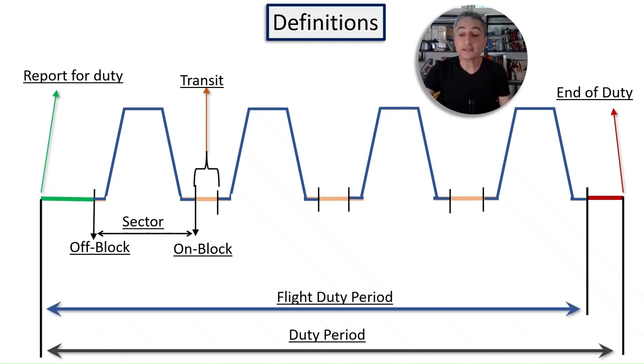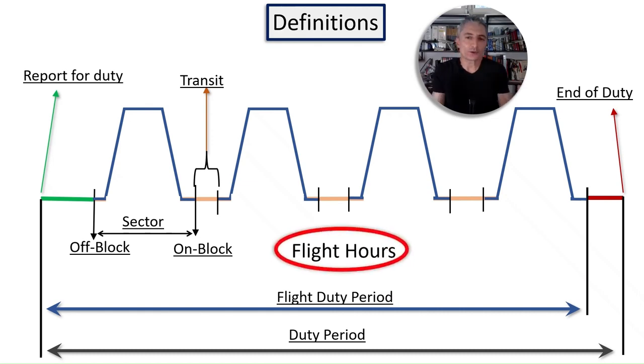The flight duty period starts still at the report for duty, but it ends at the on block of the last sector. So the post-flight duty is not included. Why is this important? Because this is the one that sets how many hours we can work in a day, which we're going to see in the next slides.